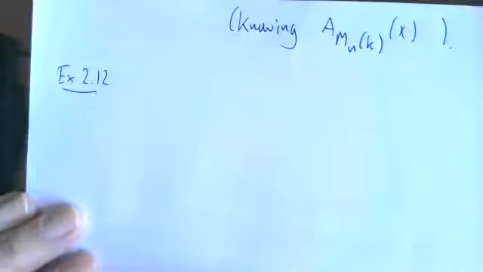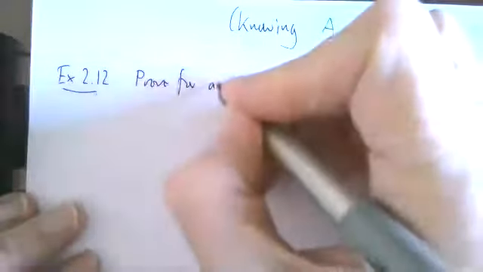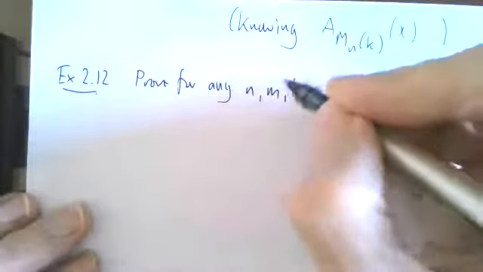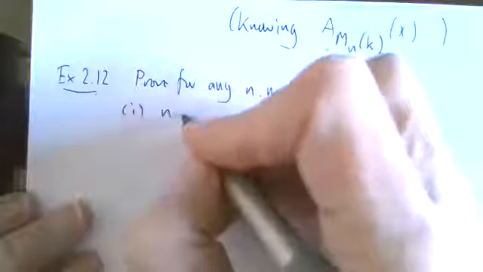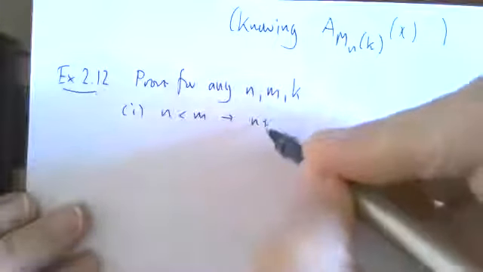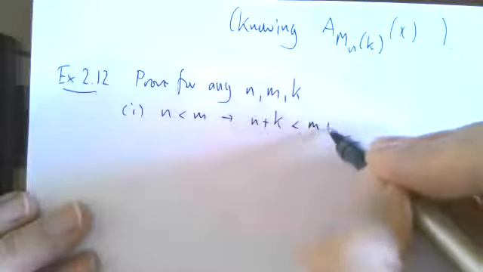So what did 212 ask for? Prove for any n, m, and k, two things. If n was less than m, then n plus k is less than m plus k.